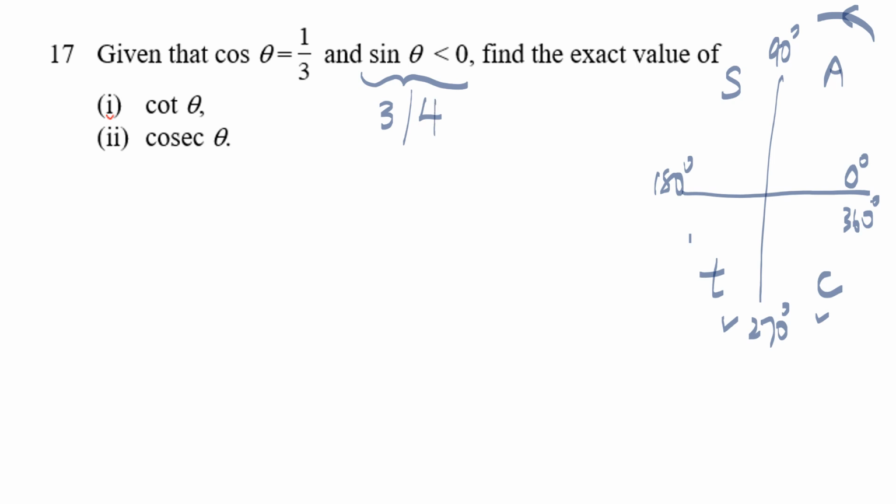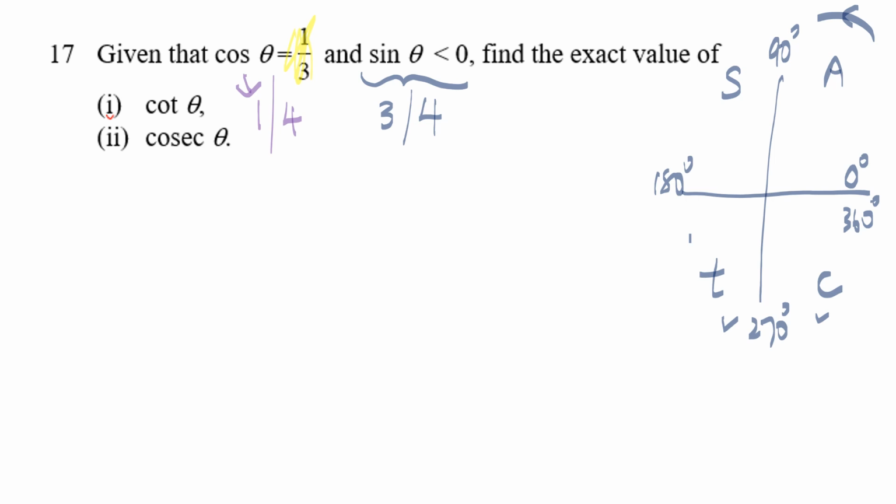All right, then for cosine theta, let's now go back to cosine theta. So cosine theta is a positive value. Okay, cosine theta is given to be positive. So for cosine to be positive, it can only happen in the first quadrant and the fourth quadrant. Okay, so we're talking about the same angle theta.